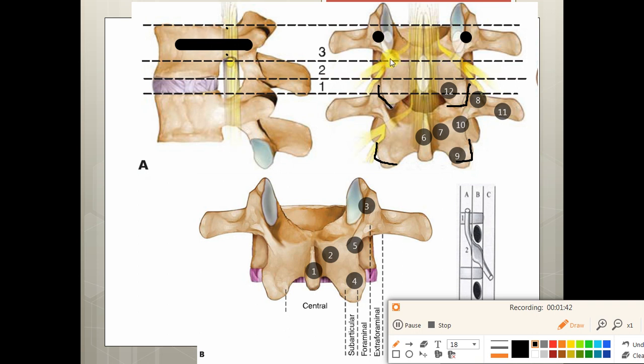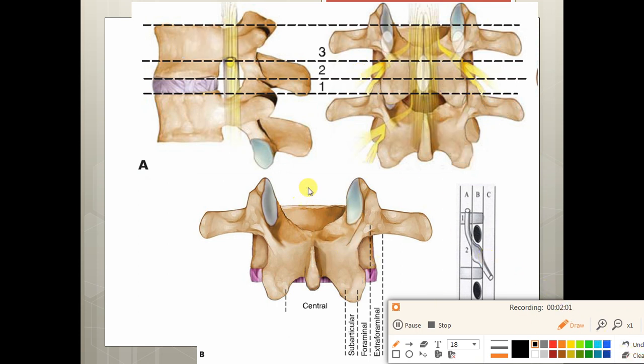If you notice, there is a nerve root coming just medial and inferior to the pedicle. So if your screw is here or medially oriented, you will pierce this nerve root. This is the spinal cord here.